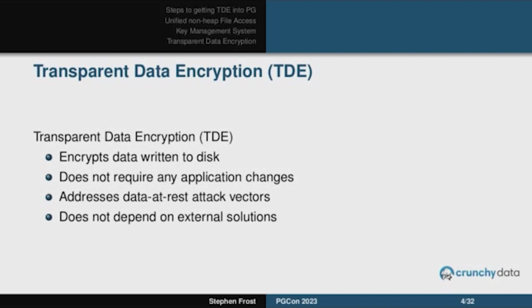And there are real attack vectors that it does address, too. It's not just about doing it at the Linux kernel or below that. Your backup tool is a classic example.